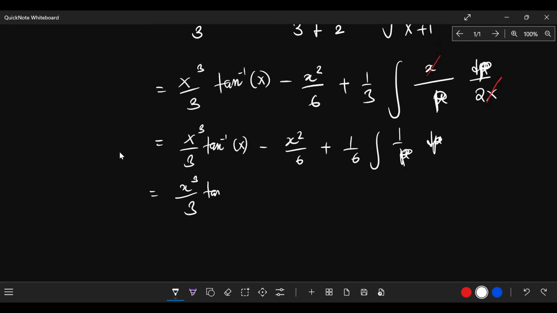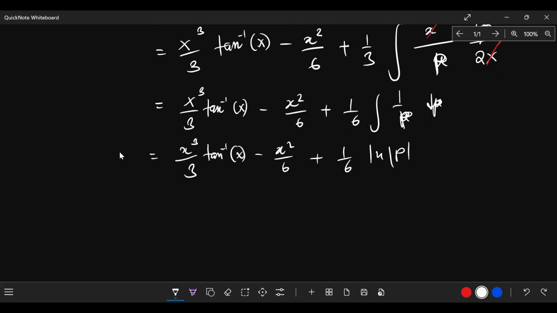So tan inverse of x minus x squared over 6 plus 1 over 6. The integral of 1 over p is simply natural log of p. And this, of course, has to be positive all the time, because natural log cannot accommodate a negative number.